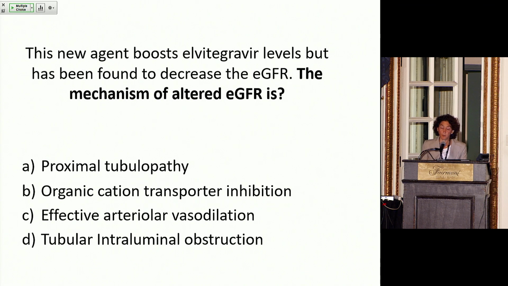This new agent boosts elvitegravir levels, but has been found to decrease estimated GFR. The mechanism of altered GFR is A, proximal tubulopathy, B, organic cation transport inhibition, C, effective arterial vasodilatation, or D, tubular intraluminal obstruction.